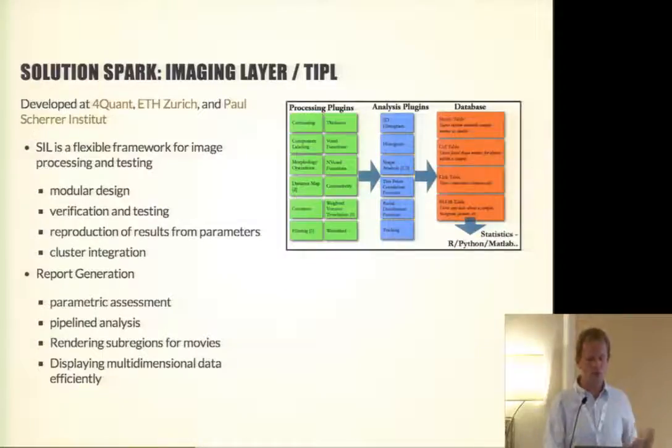It gives a modular design with processing plugins that then go into analysis plugins and scale up to cluster or cloud scale computing systems, and gives us the ability to do whatever analyses we want, because you can simply combine the tools as you like, and the ability to do parametric assessments of our samples. You can see how changing some of the input parameters affects what you finally get out of the system.